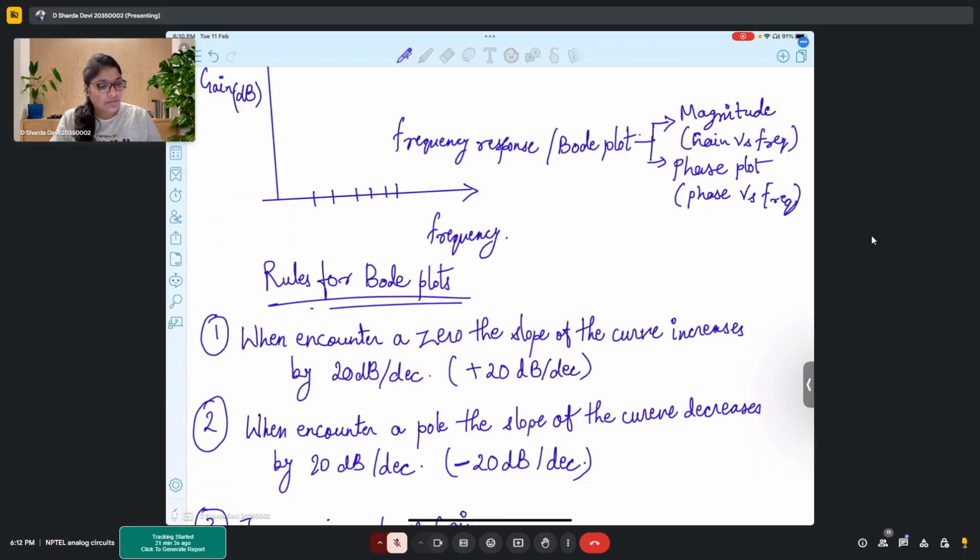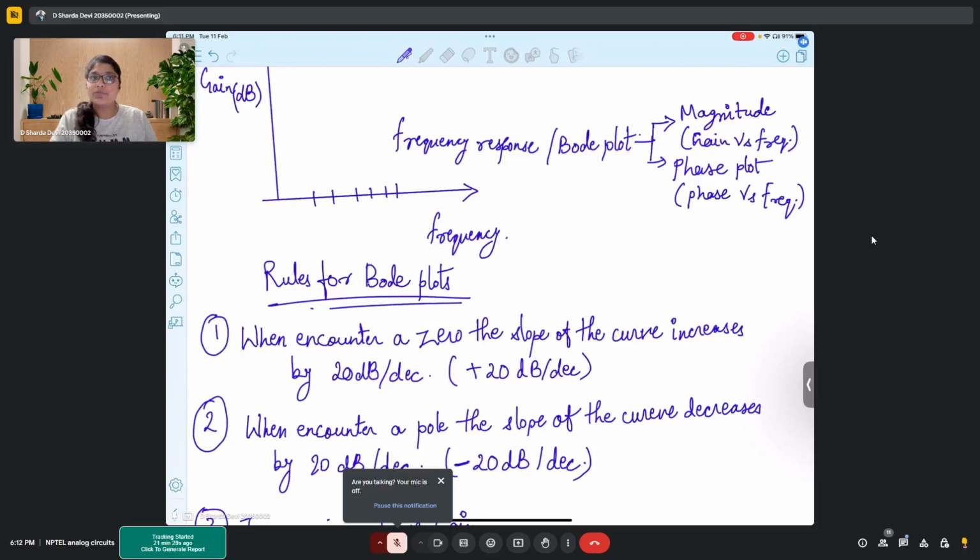The magnitude plot is considered most of the time and most frequently. However, in few cases, we also look into the phase plot because we can deduce certain information from phase plots as well.